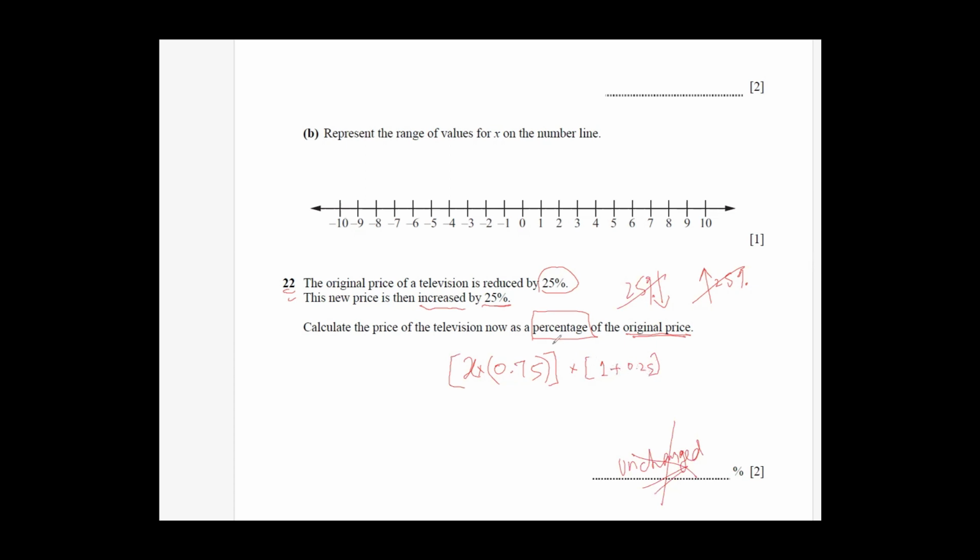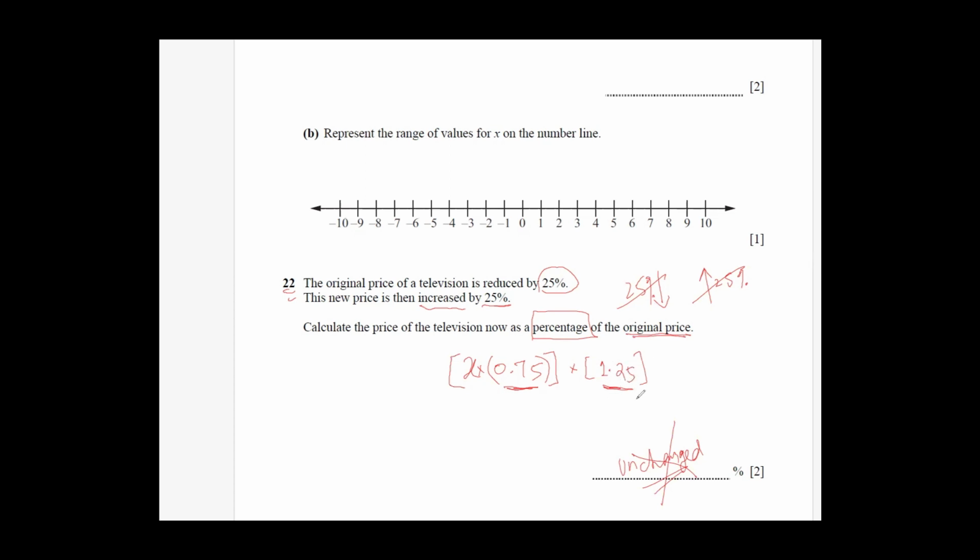So this would give us this thing. This was the original price, and now this was the reduced percentage, and this is the increased percentage. You see, both the quantities are not same because decreasing 25% is 0.75 and increasing by 25% means you need to multiply it by 1.25.